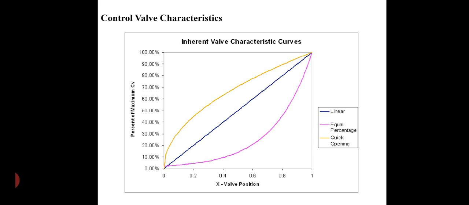After the mechanism, we studied the different types of valves, that is the linear valve or the non-linear valve, and the non-linearity depends on various things. So today we will try to cover these properties, these characteristics of the valves.